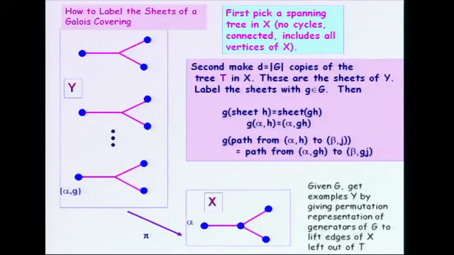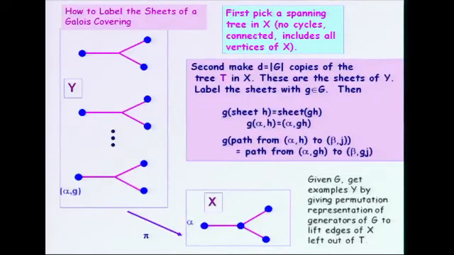And so what happens is, if you're given a group G, you can get examples if you have a permutation representation of the group. And it will tell you, say, if you have generators associated to the edges left out of your spanning tree. So here's an edge left out of the spanning tree of the base graph. Then once I have the permutation representation, let me forget about those dots.